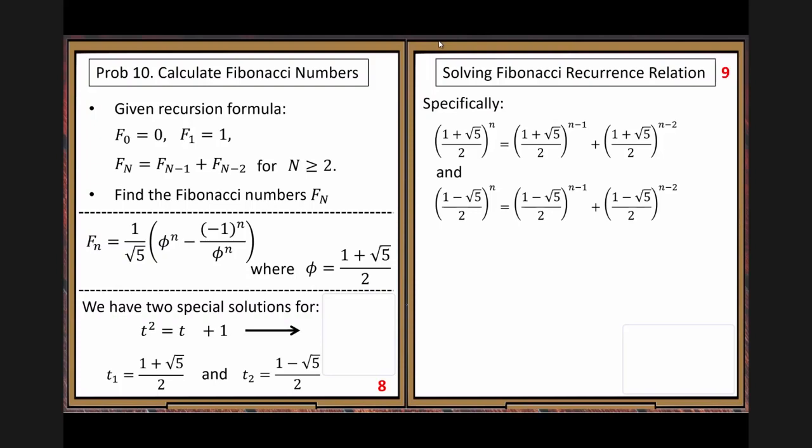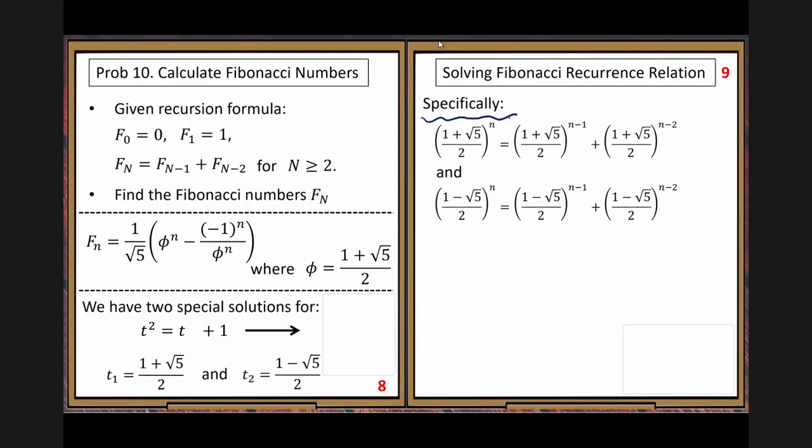Next step is critical. Now we want to move another step forward. Remember, these two are special solutions. We want to use these two special solutions to form a more general solution.